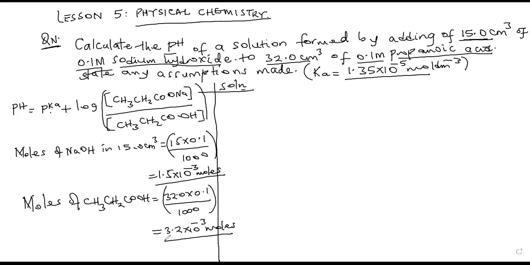Now, after getting these moles, we have to write the equation to show the reaction between sodium hydroxide and the propanoic acid. So I will have my propanoic acid, aqueous, plus sodium hydroxide, that is aqueous.